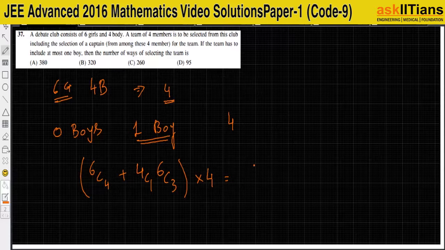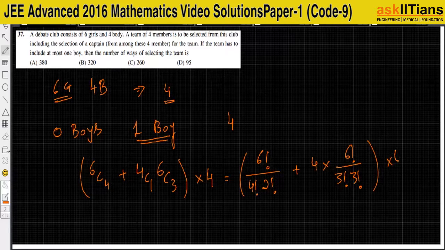So 6C4 is 6 factorial divided by 4 factorial 2 factorial, plus 4 into 6C3. So that's 6 factorial divided by 3 factorial 3 factorial. This everything multiplied by 4. So you just need to solve this to get the answer. This will be 6 into 5, 30 by 2, that's 15, plus 4 multiplied by 6, 5, 4, 3 factorial will get cancelled, divided by 6.